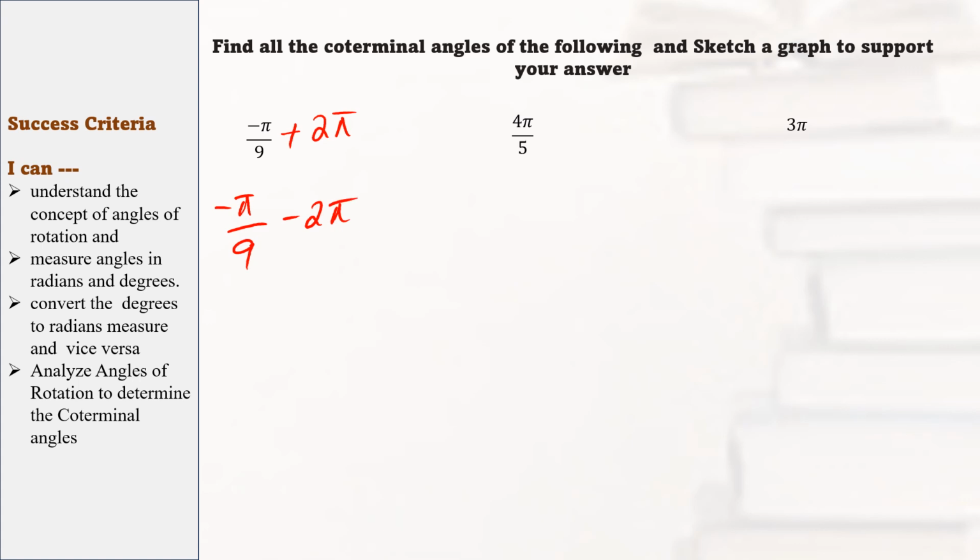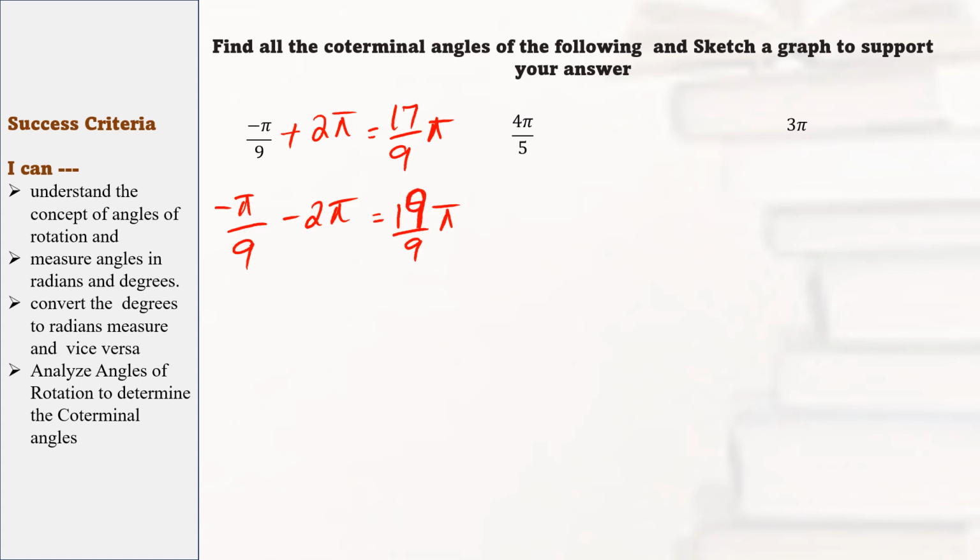If I write here minus pi over 9 plus 2 pi in the calculator, what will we get? 17 over 9 pi. And if I subtract it, that is minus pi over 9 minus 2 pi, then what do I get? I will get minus 19 over 9 pi.